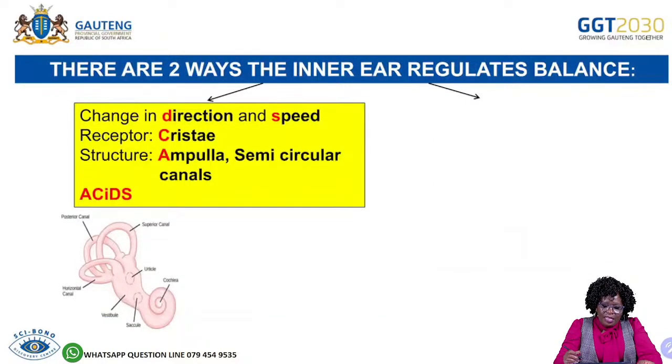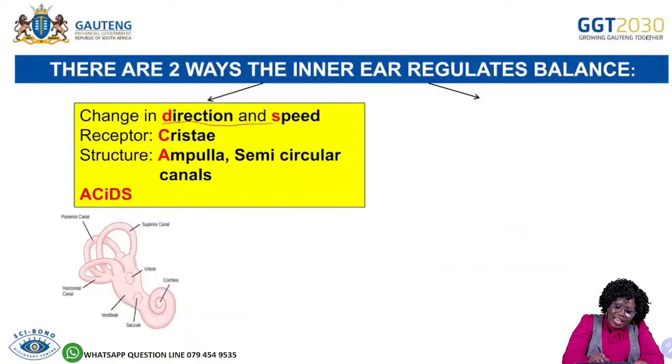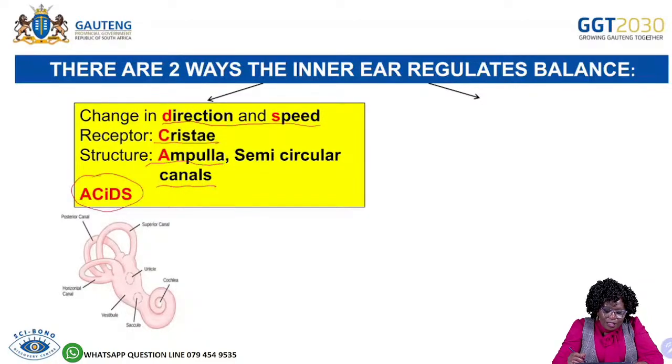If you check this out, there are two ways in which the inner ear regulates balance. Firstly, it is the change in direction and speed. What is the name of the receptor? It is the cristae. And the cristae is found where? By the ampulla on the semicircular canal. You can also look at this acronym that is going to assist you to answer this question.